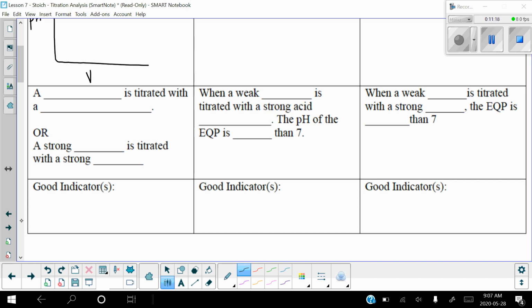The first one is a weak acid is titrated with a strong base.